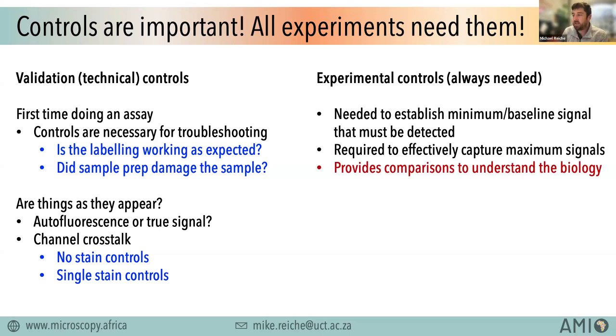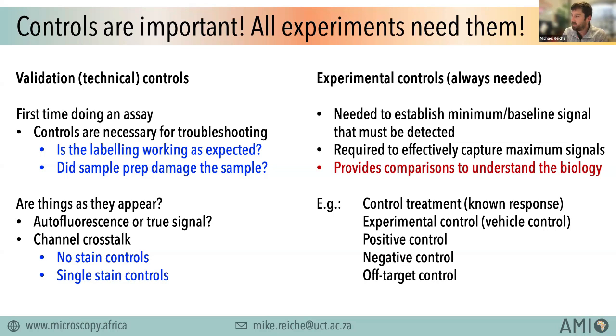And ultimately, the controls are what provide comparisons in your biological experiment. And biology is a comparative science. So you have to be able to compare your experiment to a control, or you can't infer anything about what has happened.